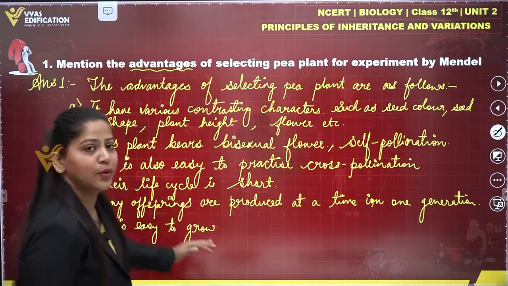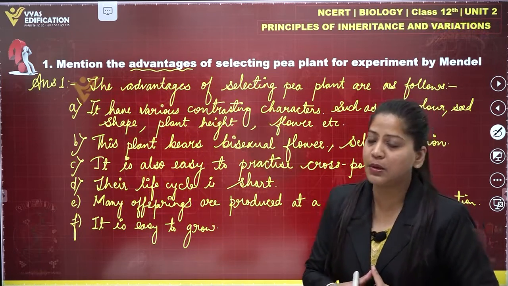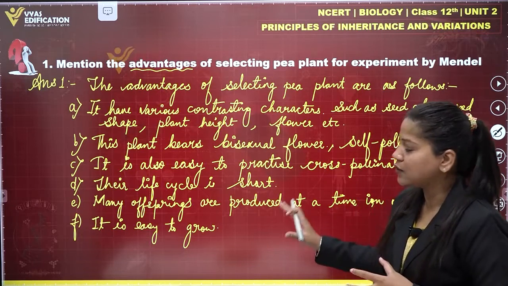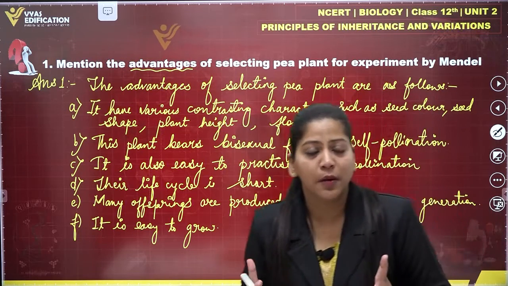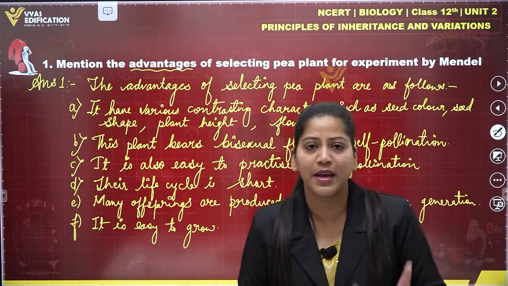These are the actual advantages of pea plants, why Mendel selected this pea plant. And this is also a criterion which can be the basis of an experiment for anyone.